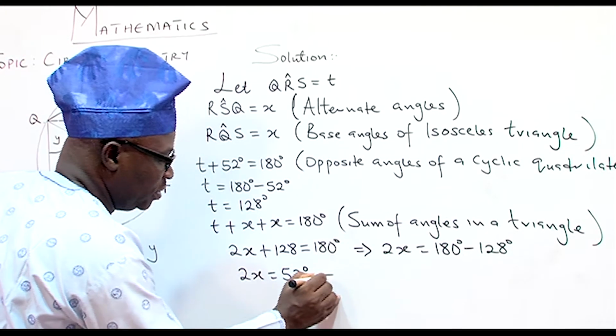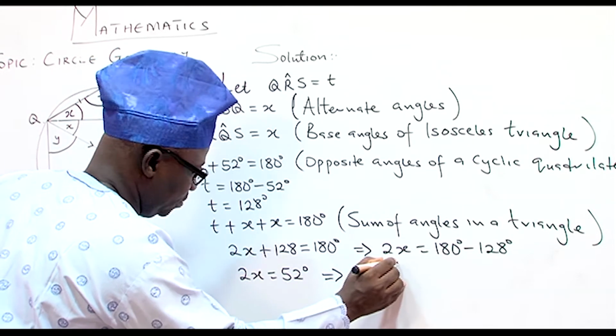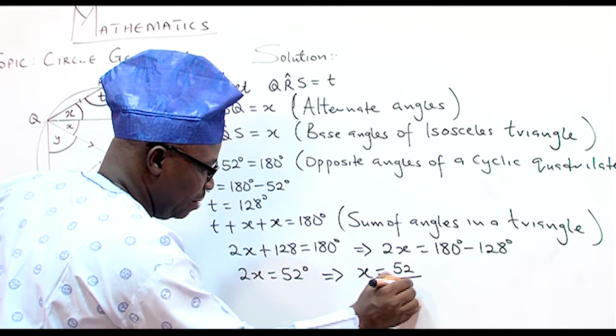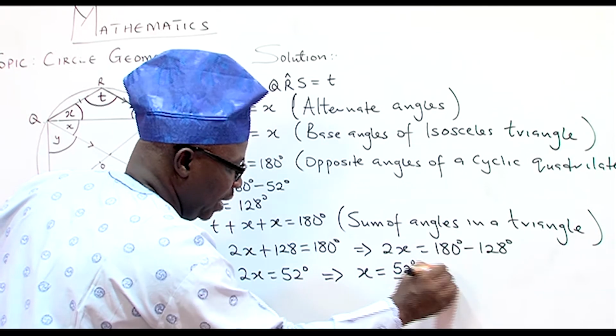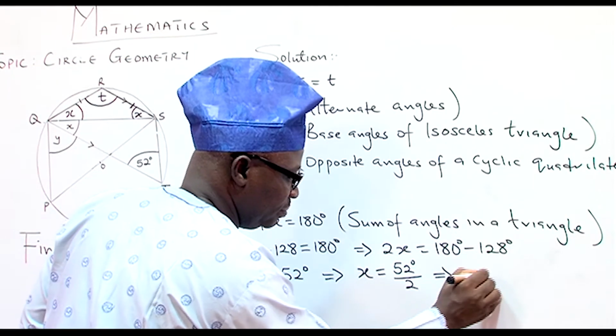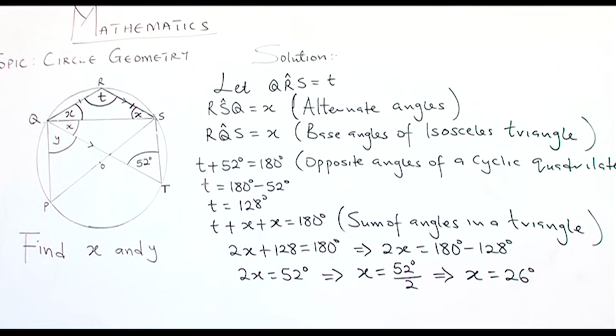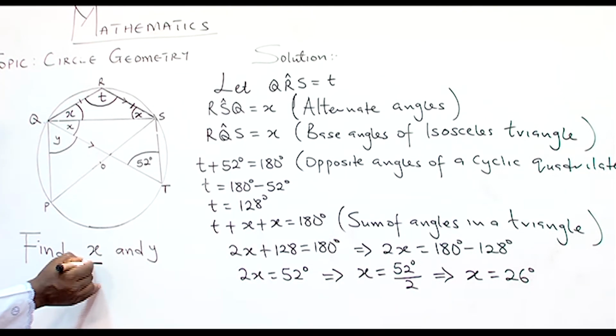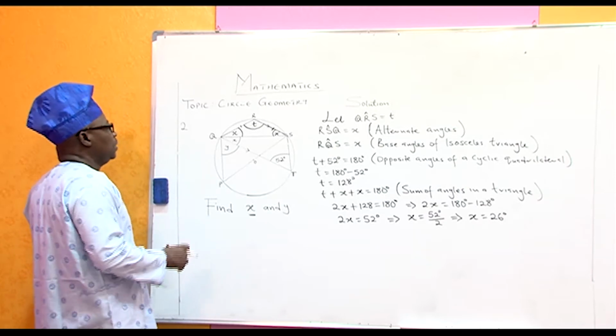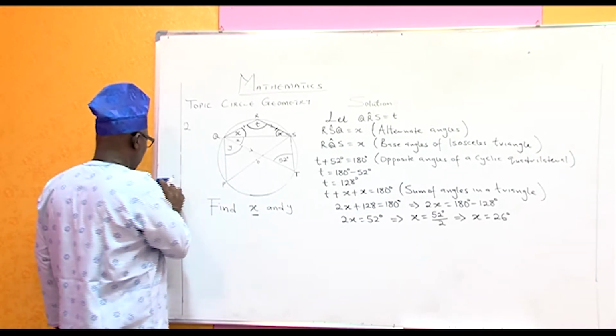So at this point, it implies that X is 52 divided by 2. And that implies that X is 26 degrees. That implies we have been able to find the value of X, remaining Y.